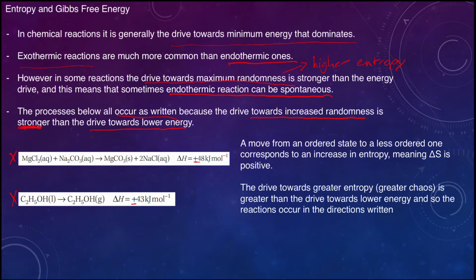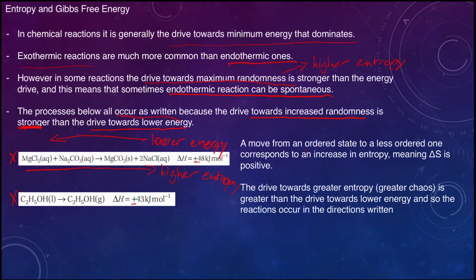Therefore, you are going to have an endothermic reaction with the drive towards higher entropy overcoming that drive towards lower energy, which is what would happen if we reverse that and it was an exothermic reaction.